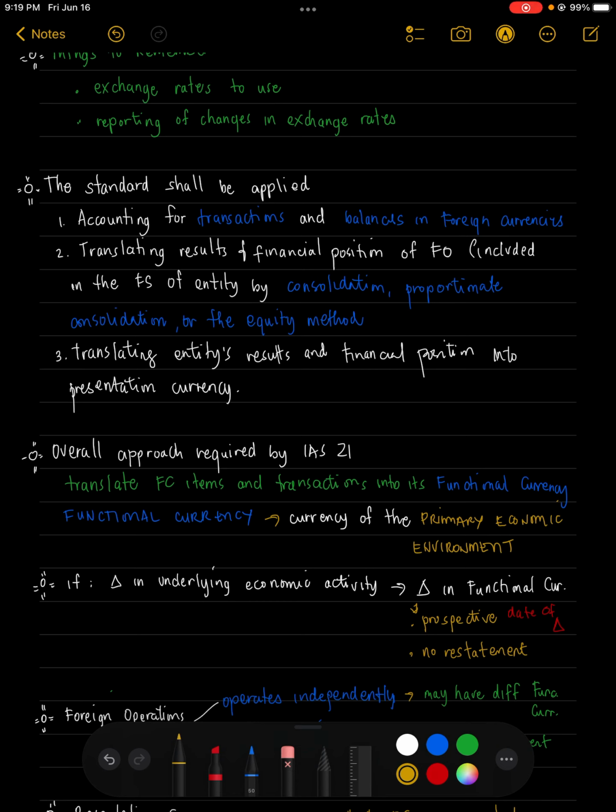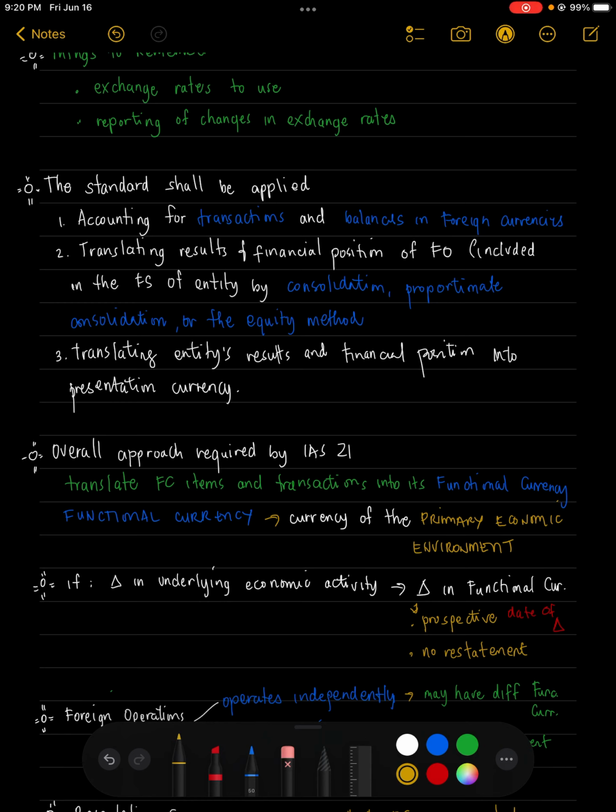Now, talking about the overall approach required by the standard, the general or the overall approach is to translate the foreign currency items and transactions into its functional currency. Pag sinabi nating functional currency, it is the currency in the primary economic environment.